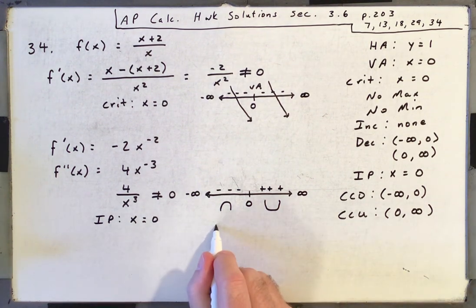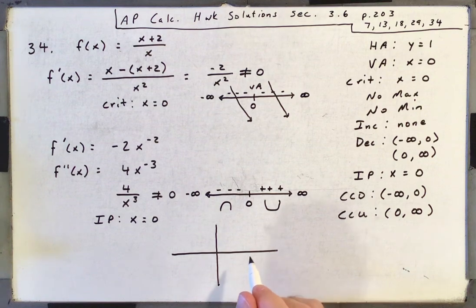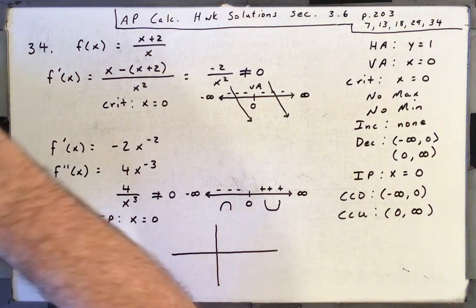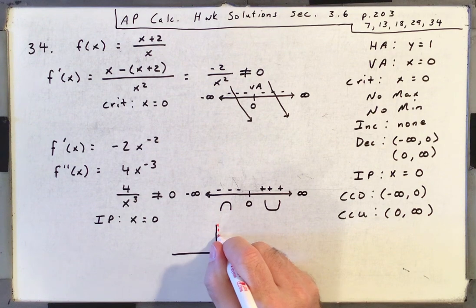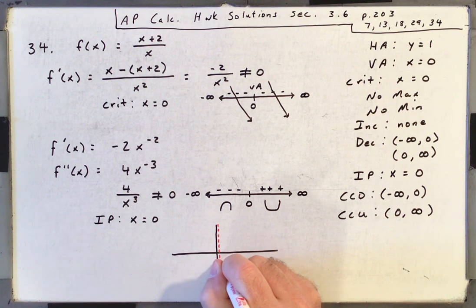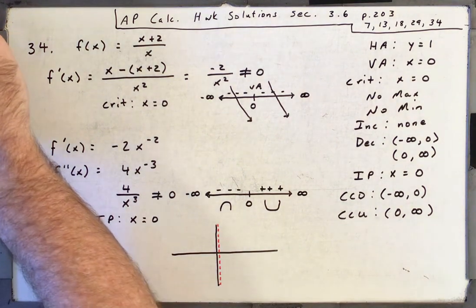All right. Okay, let's do a rough graph of this. Now I'm going to go ahead and mark the vertical asymptote. Let's see, there's a vertical asymptote at 0. Put that in red.